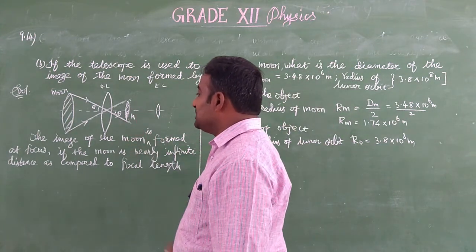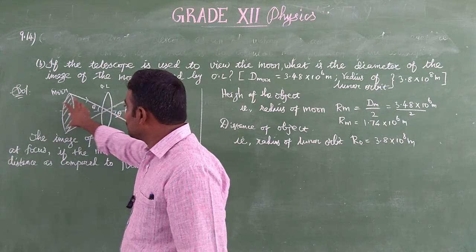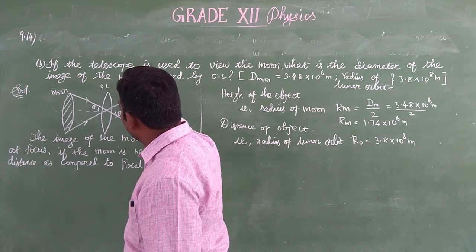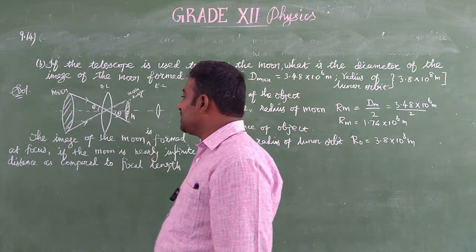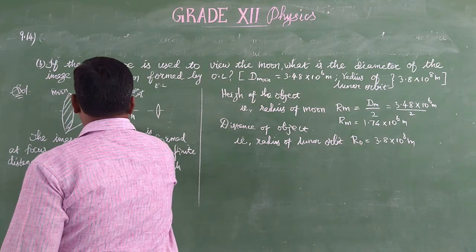The next one, the distance of the image for objective lens. This is the image, this is the object, this is the moon image.